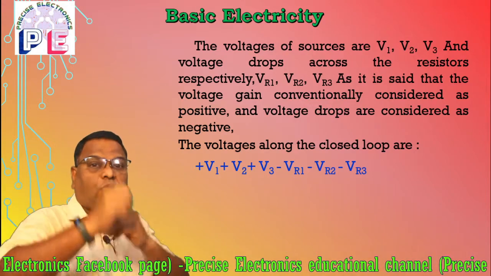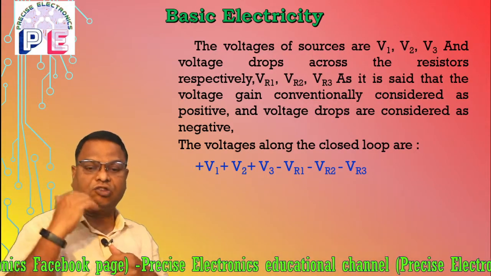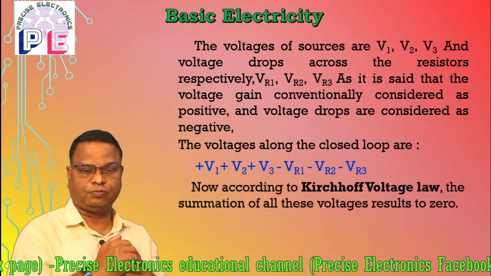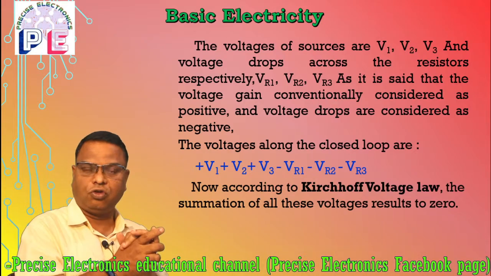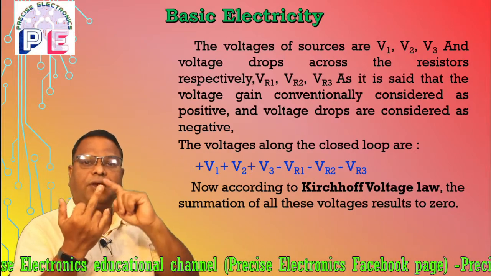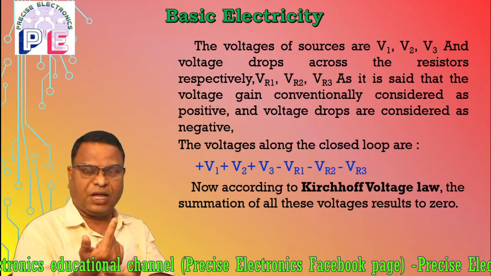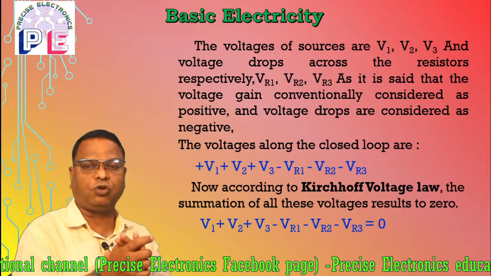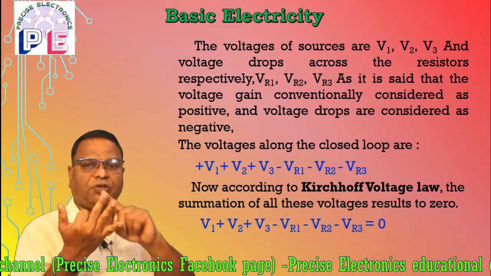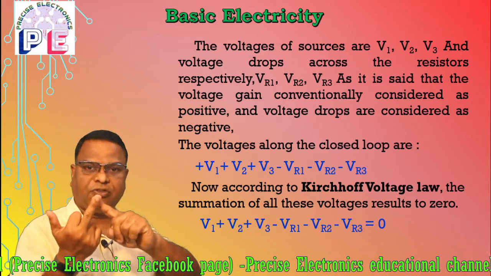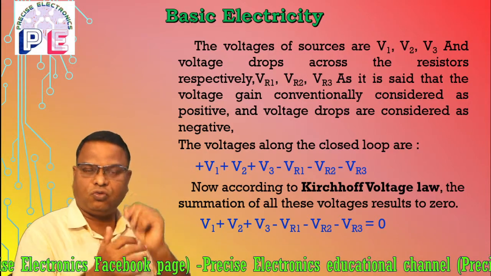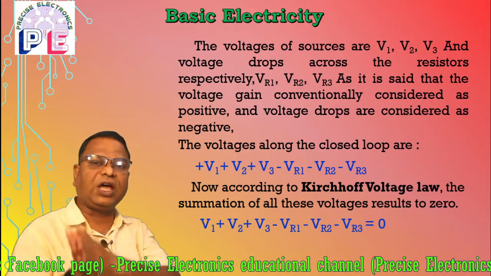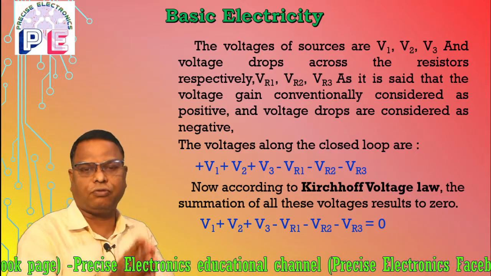As per Kirchhoff's voltage law, the second law, the summation of all these voltages is 0. So V1 plus V2 plus V3 minus VR1 minus VR2 minus VR3 is equal to 0, or V1 plus V2 plus V3 is equal to VR1 plus VR2 plus VR3.